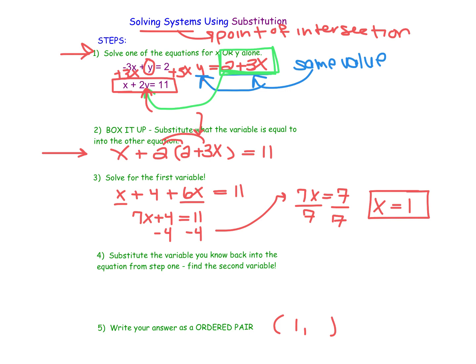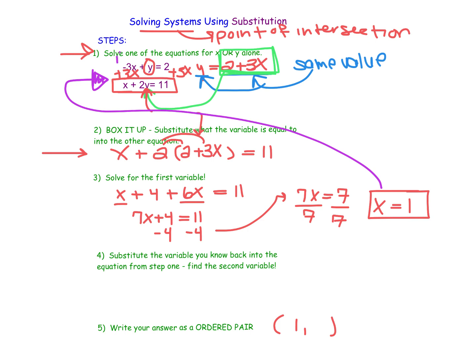So I'm going to take that x value and substitute it back into one of these two original equations, because those two original equations share the same x and y point where they are crossing. So I can replace x in one of those equations with 1 and find the corresponding y value.